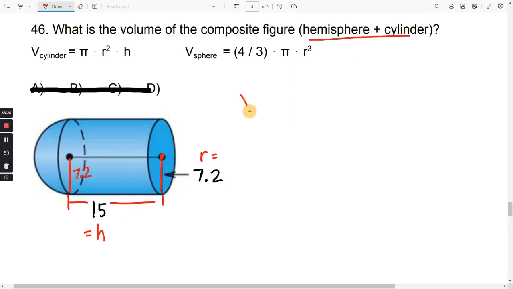Alright, so the total volume is going to be the hemisphere. So it's going to be half of a sphere. Alright, half the volume of the sphere plus the volume of the cylinder.